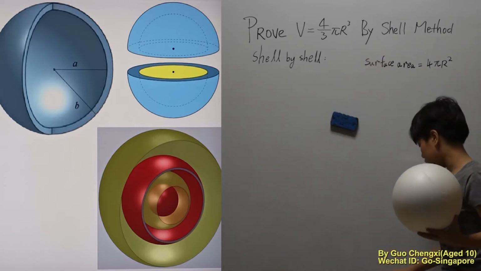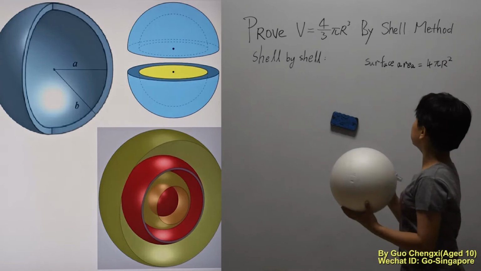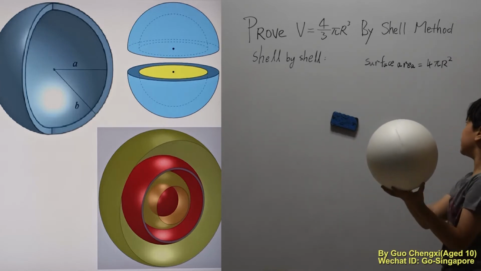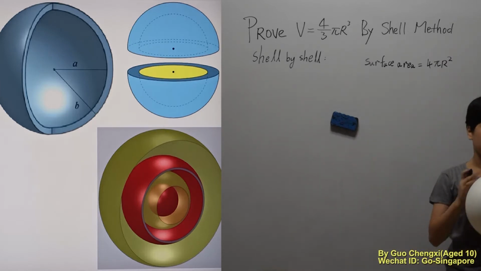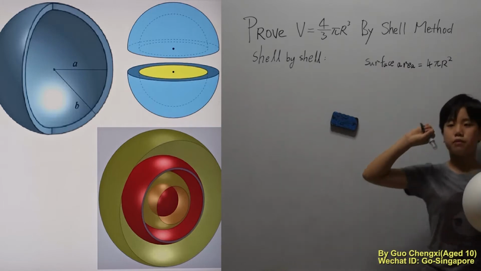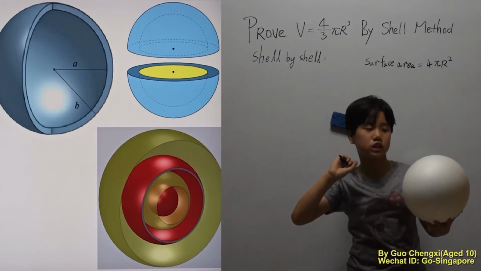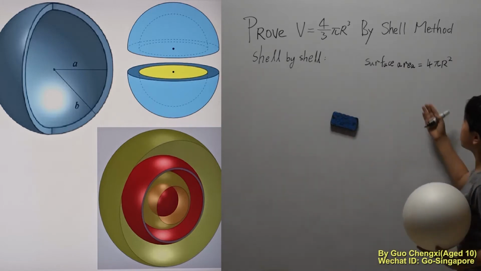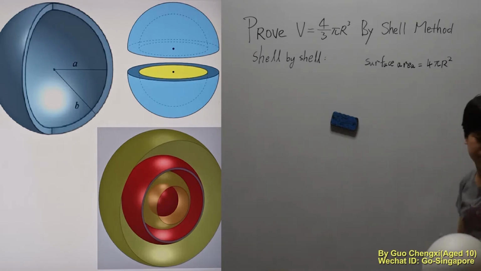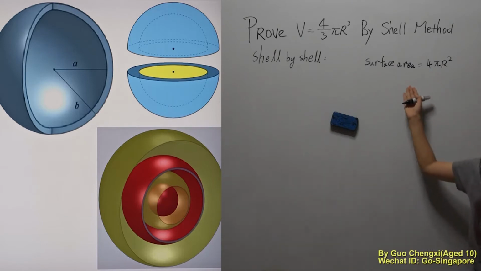So for this part over here, it is 4 pi r square. But what if we find out this? Because then we take the width as approaches to 0. So basically this is the volume for each shell.